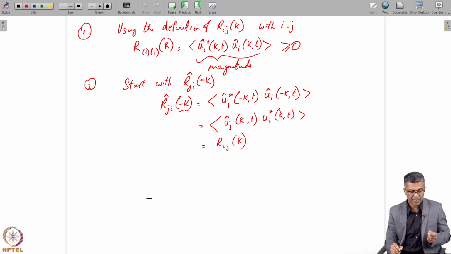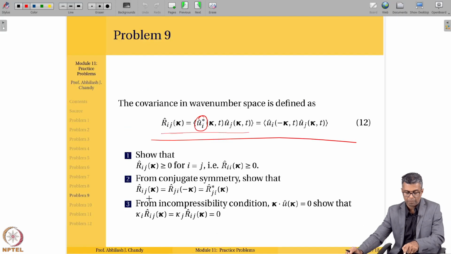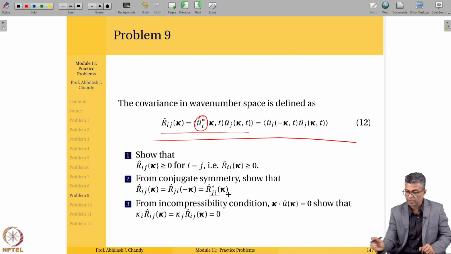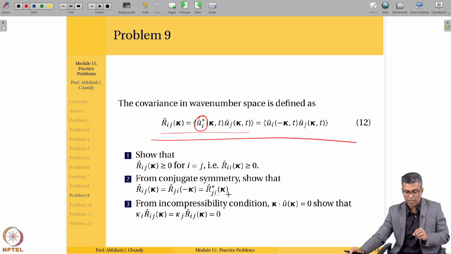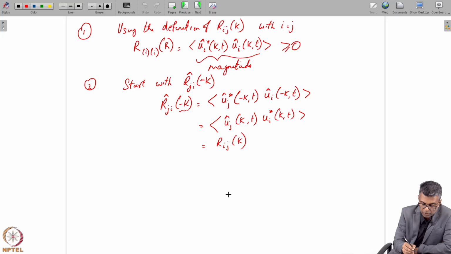Now the second part. In order to show the second part of the question, we have to show that it is equal to Rji star of kappa. Here is what we do. You start with Rji star of kappa. Then what do we get?